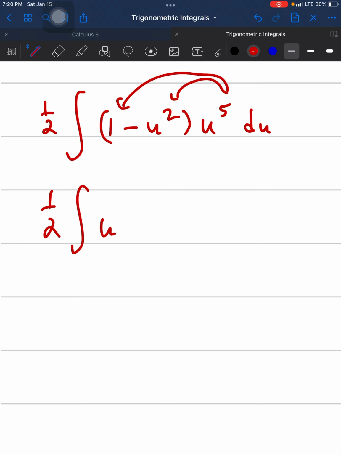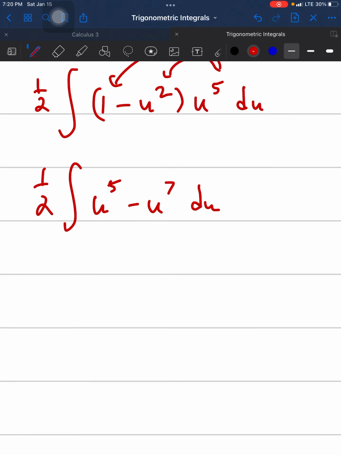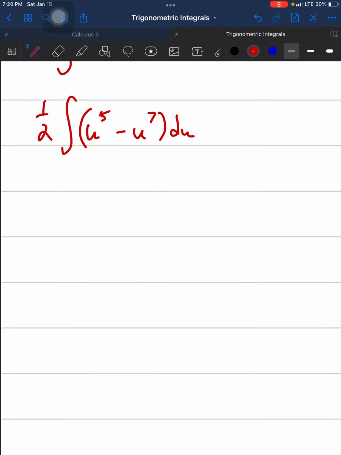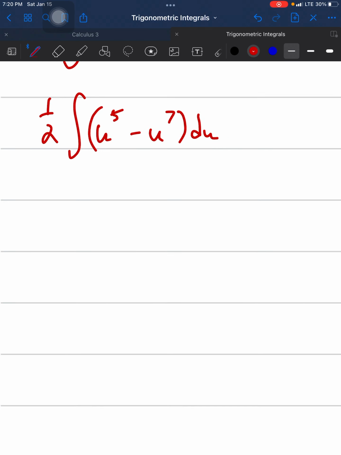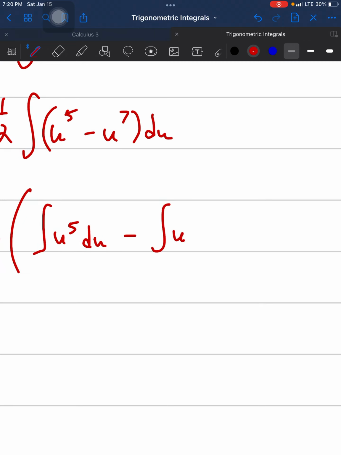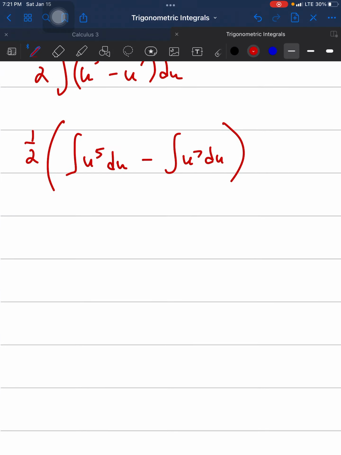First step is going to be to distribute this u to the 5th, and we end up with u to the 5th minus u to the 7th du. Now, if you want to, you can separate the integral. So let's do that. The integral of u to the 5th du minus the integral of u to the 7th du.